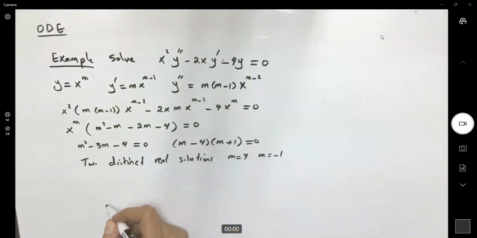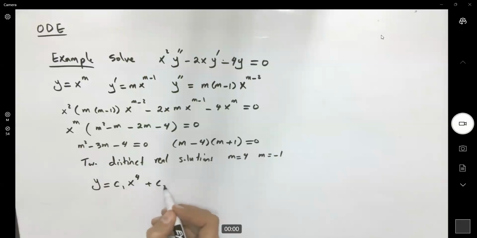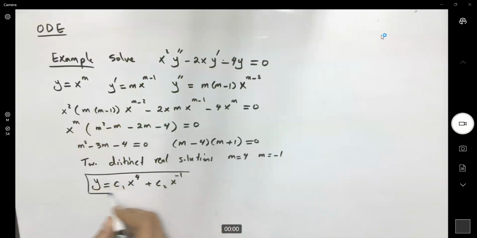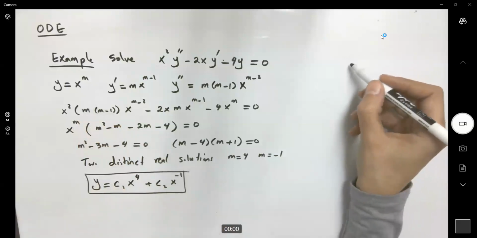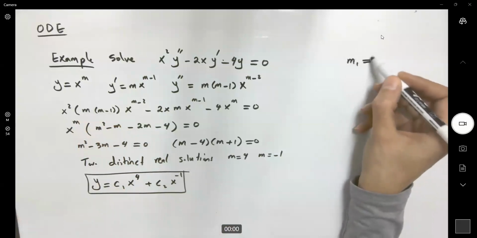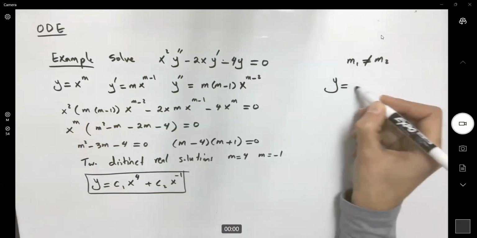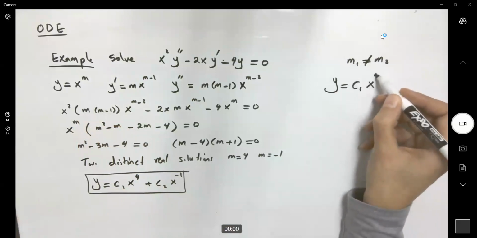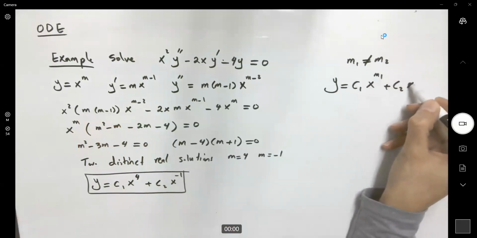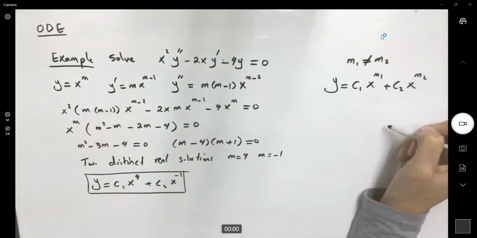Well, the solution can be written as y equals c1 x^4 plus c2 x^(-1). So in general, if m1 and m2 are distinct solutions, the general solution can be written as c1 x^(m1) plus c2 x raised to m2.